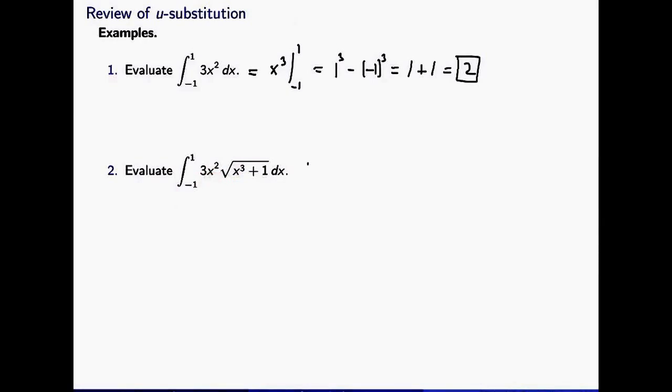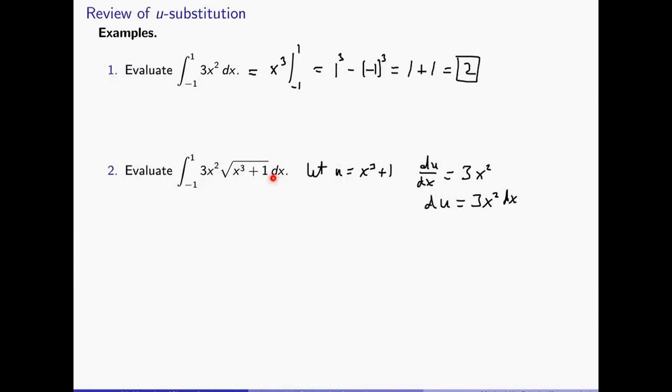So we let u equal x cubed plus 1, and we do this because now du/dx equals 3x squared. So if we multiply dx on the other side, we get du equals 3x squared dx. And that's what we have right there and right there.